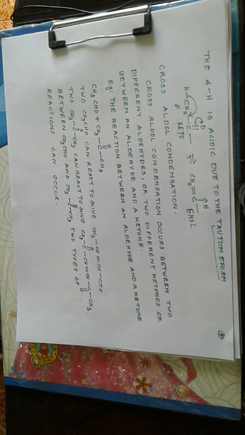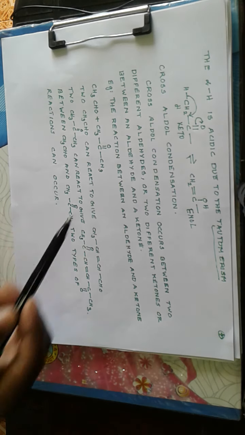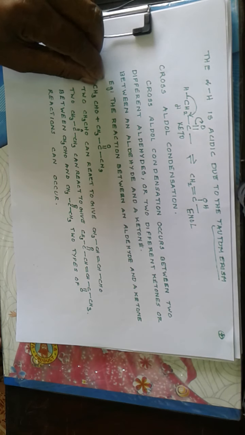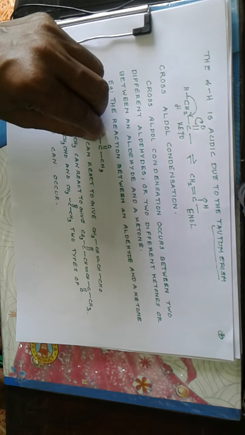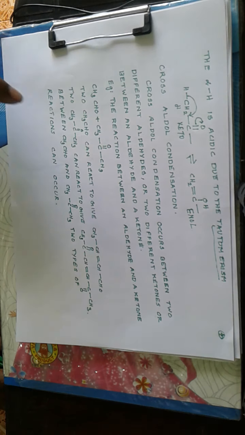Now coming to cross-aldol condensation. Cross-aldol condensation occurs between two different aldehydes or two different ketones, or between an aldehyde and a ketone. For example, the reaction between acetaldehyde and acetone. Now here 4 different types of products are possible. One, the reaction product between two acetaldehyde molecules, then between two acetone molecules, and then between an acetaldehyde and an acetone molecule.